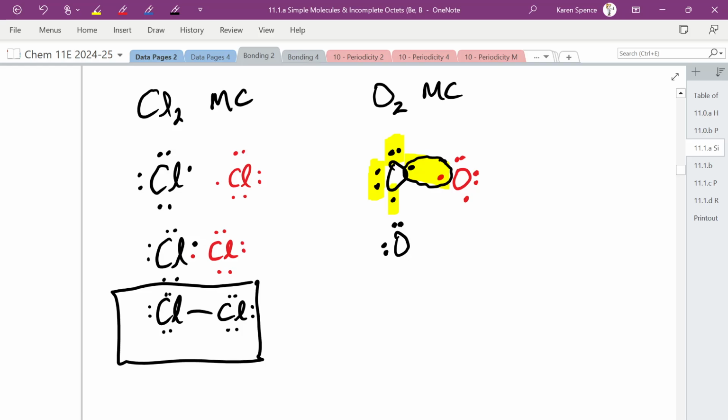I guess you pair both of the electrons up. Yeah, we're going to also share these 2 electrons. So we're going to share black and red, and black and red.